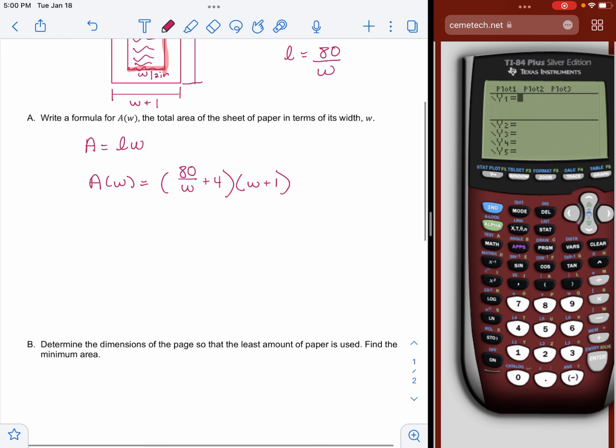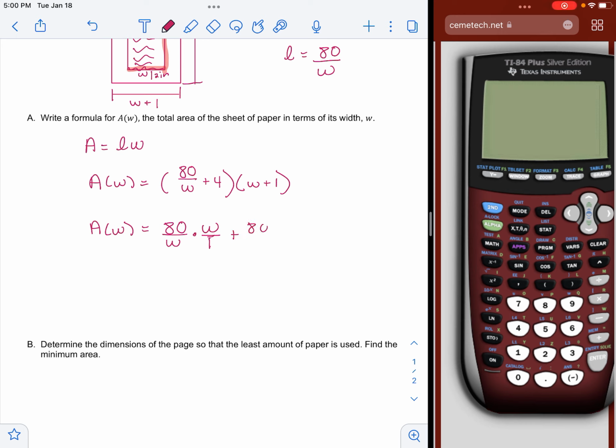So now I'm going to go ahead and just write this in standard form. I'm going to multiply this out. 80 over W times W. Think of that as W over 1 if you want. So those W's are going to cancel out. 80 over W times 1, so my next term is 80 over W. And then I have 4 times W is 4W, 4 times 1 is 4.